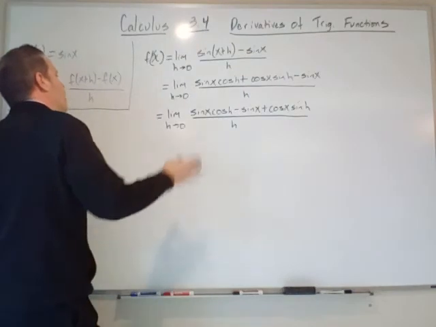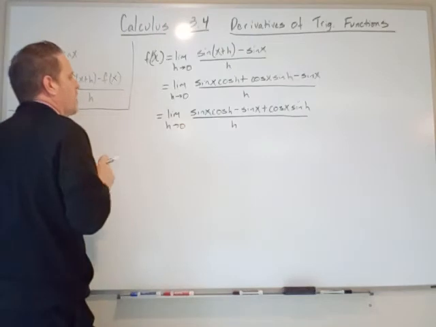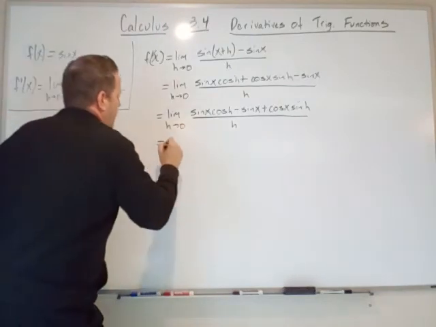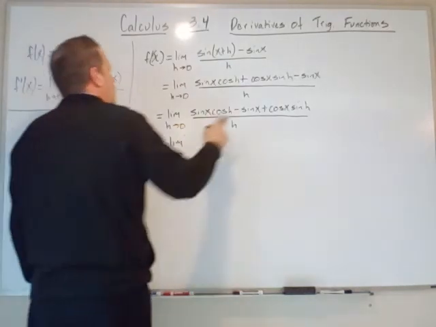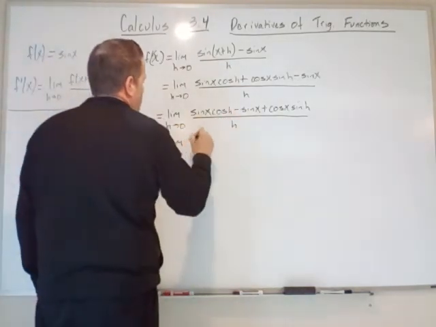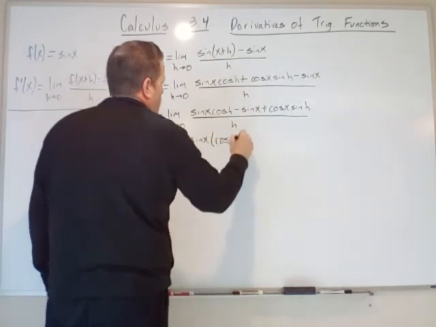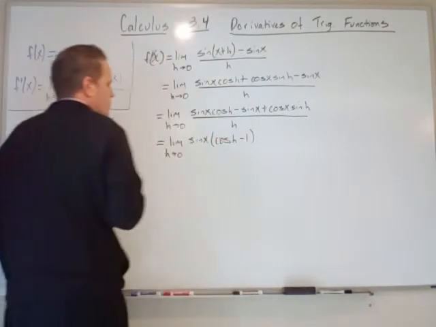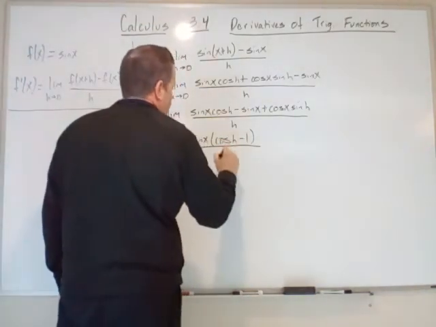Okay, so now I've got a sine x here and a sine x here, which tells me, with the limit as h goes to 0, I'm going to factor out that sine x. I get cosine h minus 1, and again, that's over h.